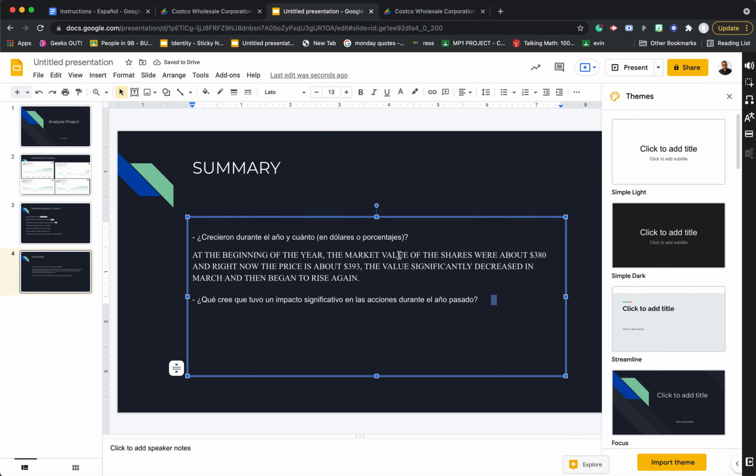Okay, so then what the second question's asking is, why do you think this happened? We can use either news articles for this, or if you just want to think back to what was happening around March, maybe it'll help. So in March, we can say the weather was a lot colder, so maybe people weren't shopping as much.